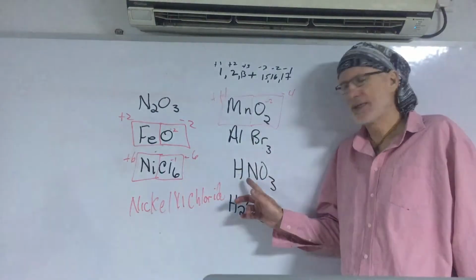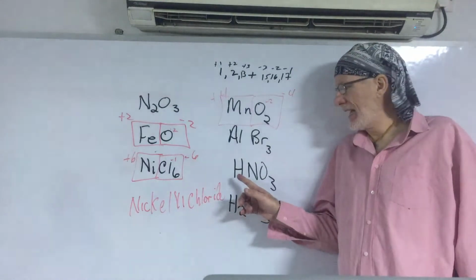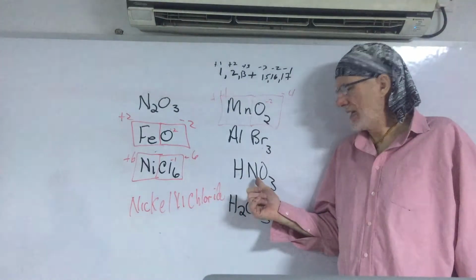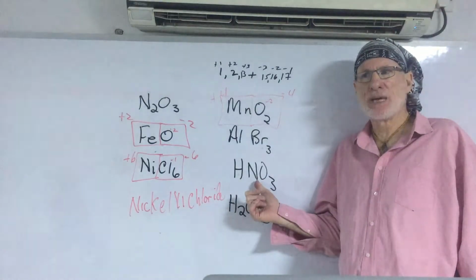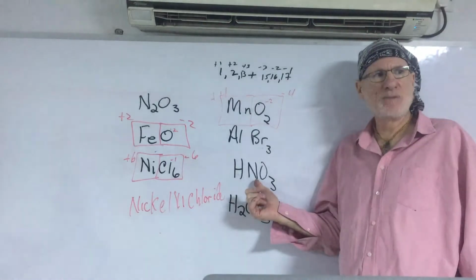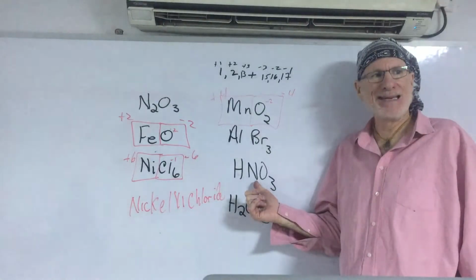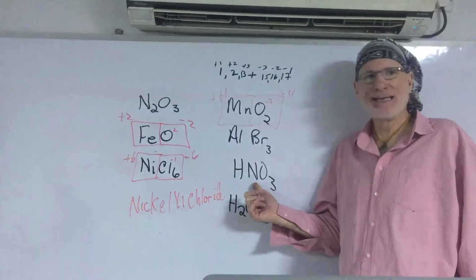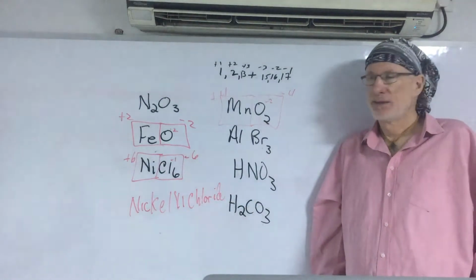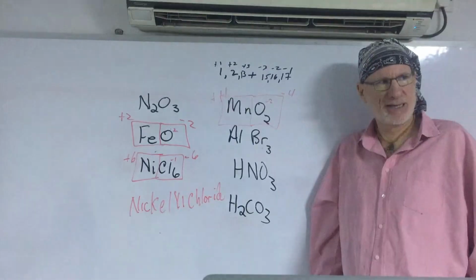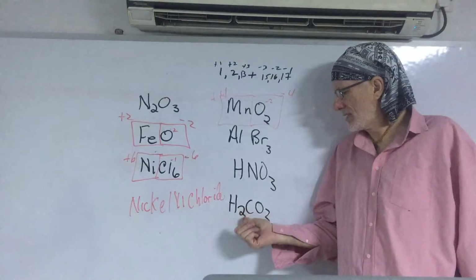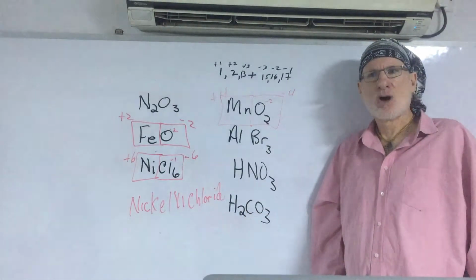Aluminum bromide. What's this? It's an acid. What is it? It's nitrate. Ate becomes ic. Nitric acid. What's this one? Carbonate.